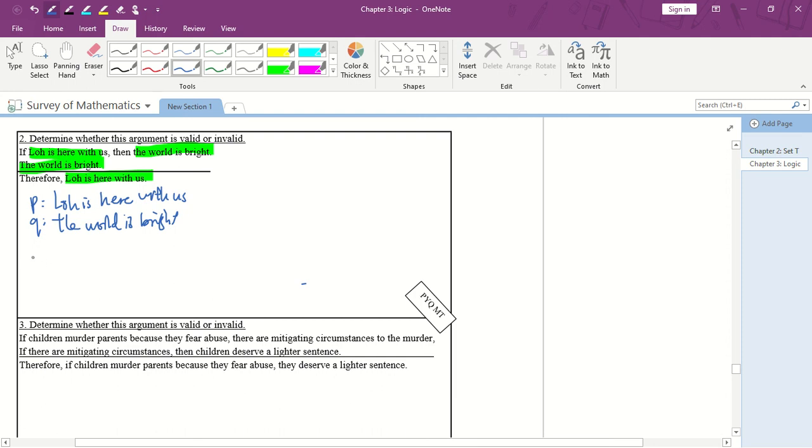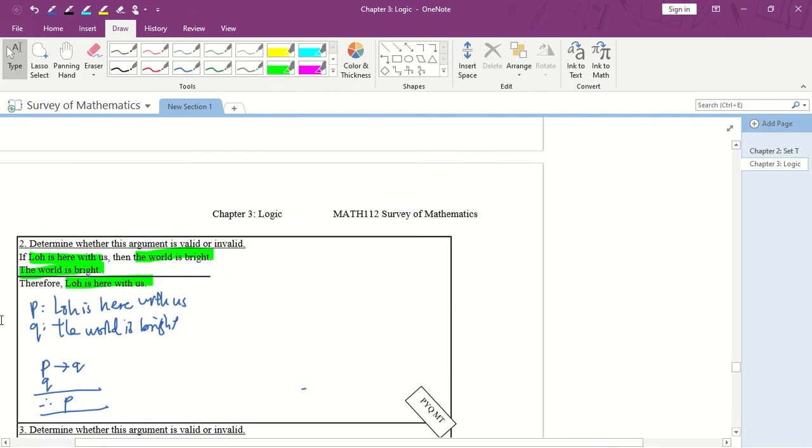So now we need to write. The first premise is P to Q. The second says the world is bright, so Q. Draw a line and say therefore: Lo is here with us, so P. Now when we look at this one, P to Q, and here it says Q to P. So you can think that P to Q becomes Q to P. There is a converse here, and if it is a converse, it means that this is a fallacy of the converse.